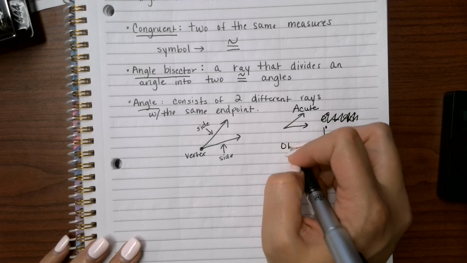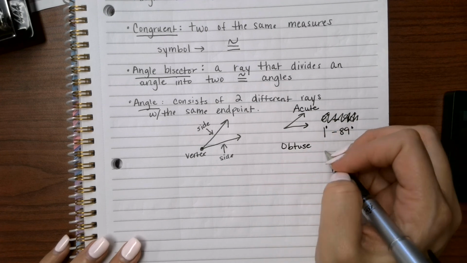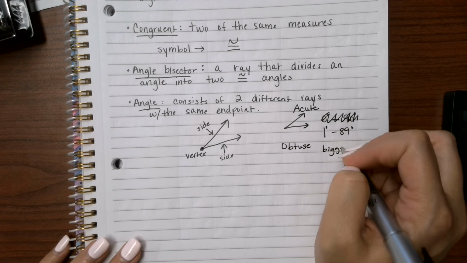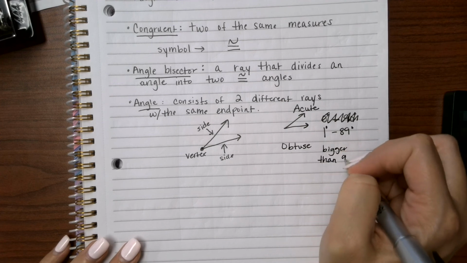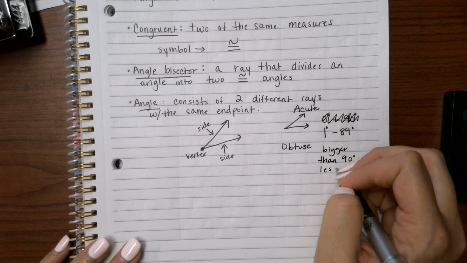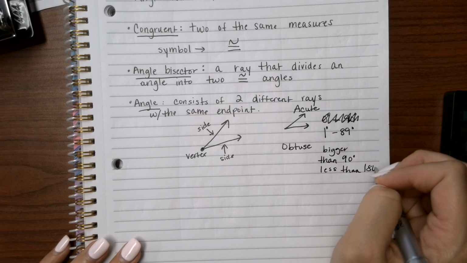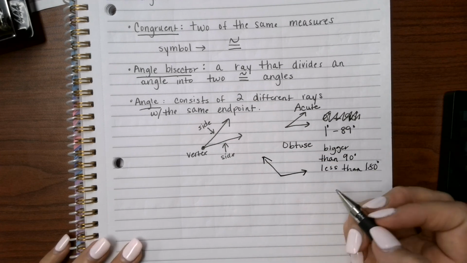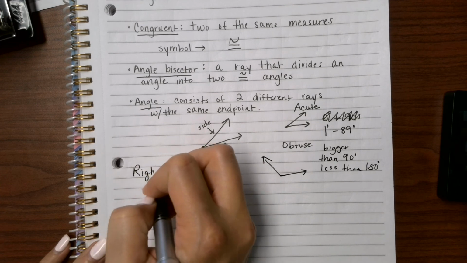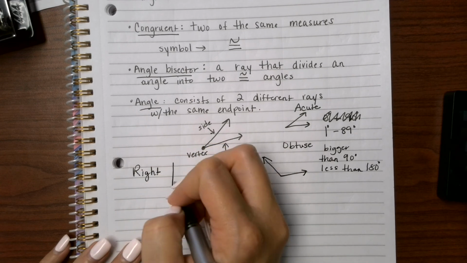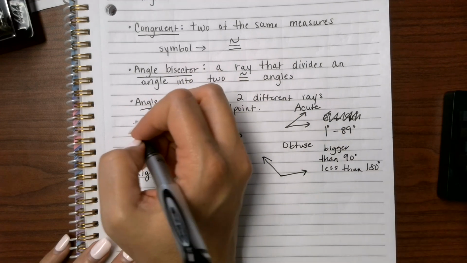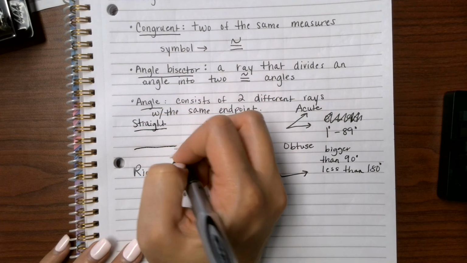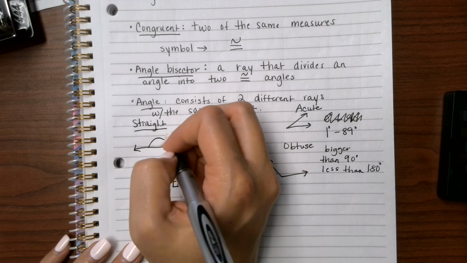Now obtuse is anything greater than 90 and less than 180. So it looks like this. It's a big obtuse angle. A right angle is exactly 90 degrees. And a straight angle is exactly 180 degrees. So it makes a straight line.